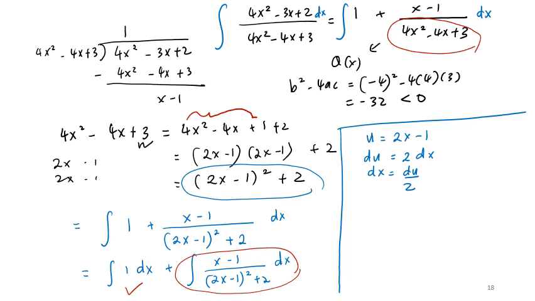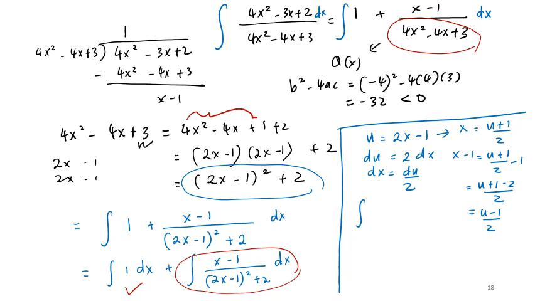Here you can convert the x minus 1: x equals (u plus 1) over 2, so x minus 1 is (u plus 1) over 2 minus 1, which equals (u plus 1 minus 2) over 2, which is (u minus 1) over 2.